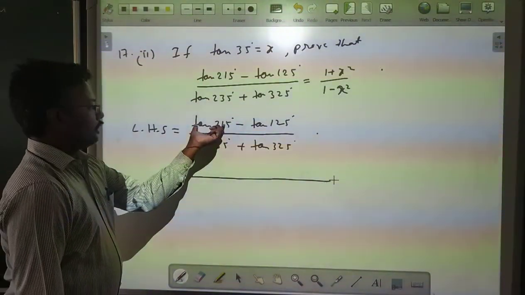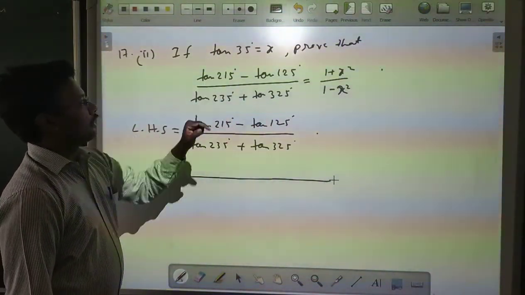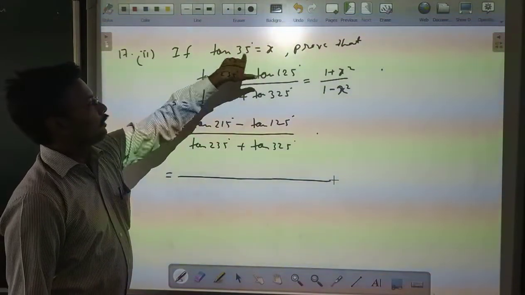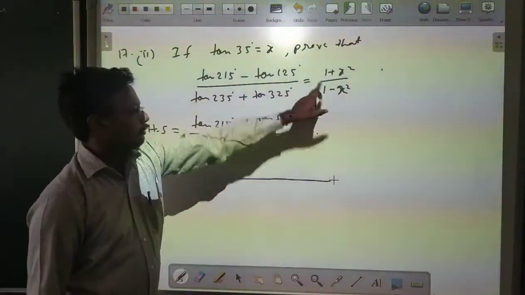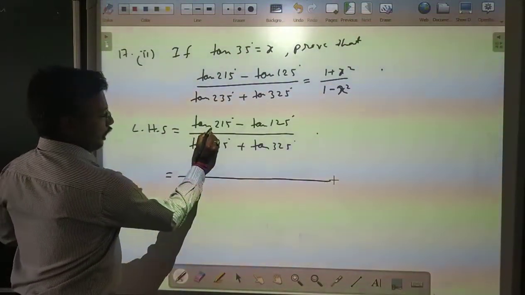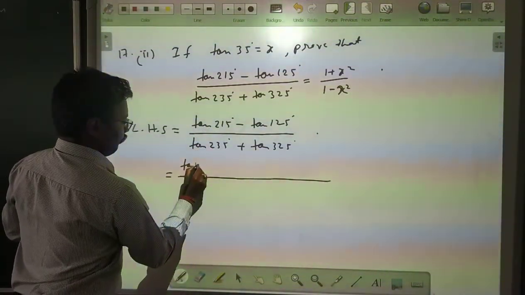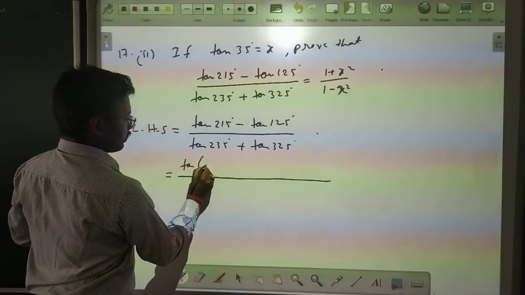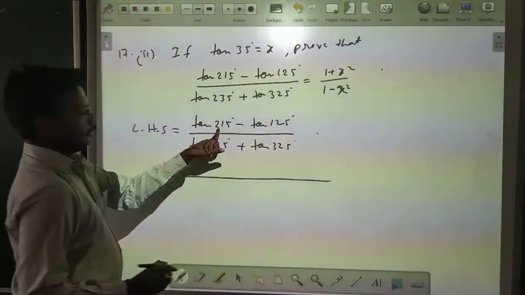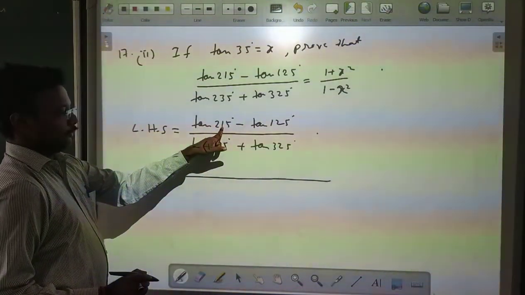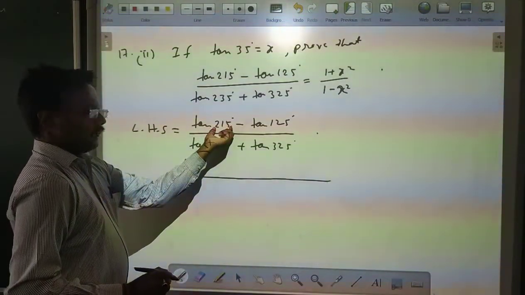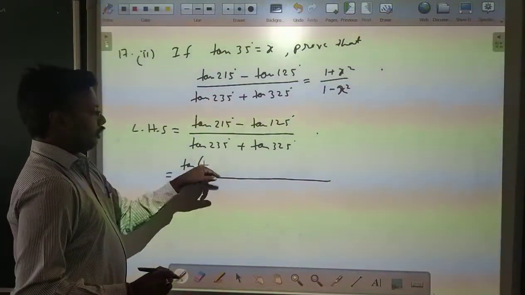Now as I told you, each and every term should be written in terms of tan 35 so that we can put the value of tan 35 degrees to get this answer. So now tan 215 degrees can be written as 180 plus 35. Okay, you can divide it by 90, then we'll get all these things.